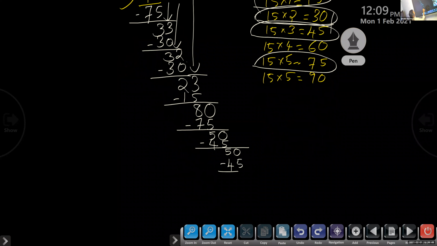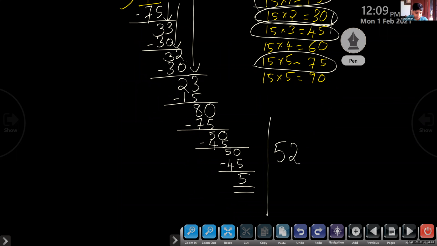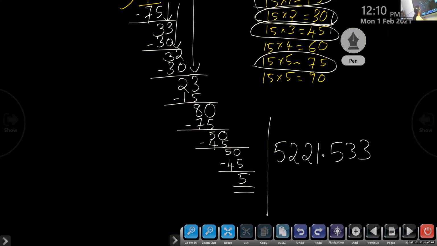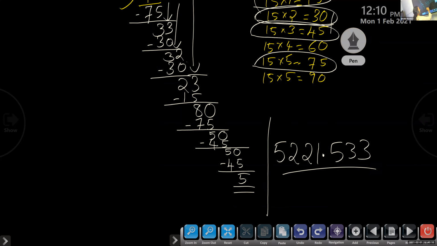5 is the remainder. Okay, children, what's the answer? 5221.533. We will stop here. The remainder we will get again is 5, but we will stop here. This is also the answer.